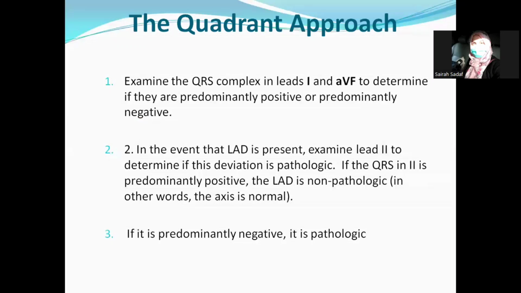Well done, great. Now coming to this slide, this is very important. When you examine the QRS complex in lead 1 and AVF, you determine if they are predominantly positive or predominantly negative. Now, in case of left axis deviation, you need to examine lead 2. I will repeat.